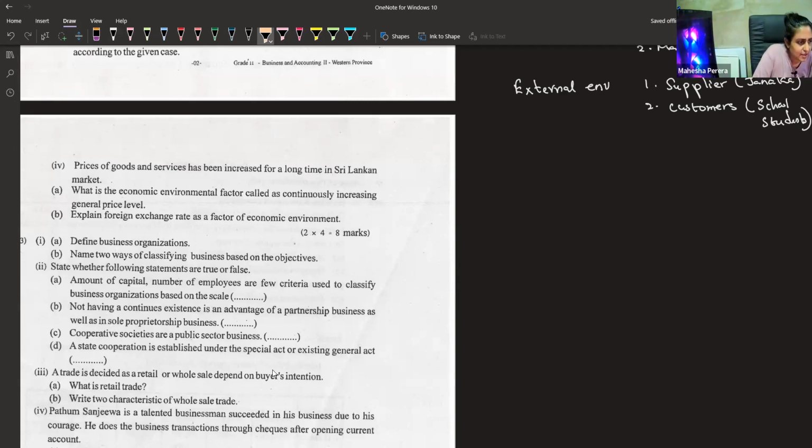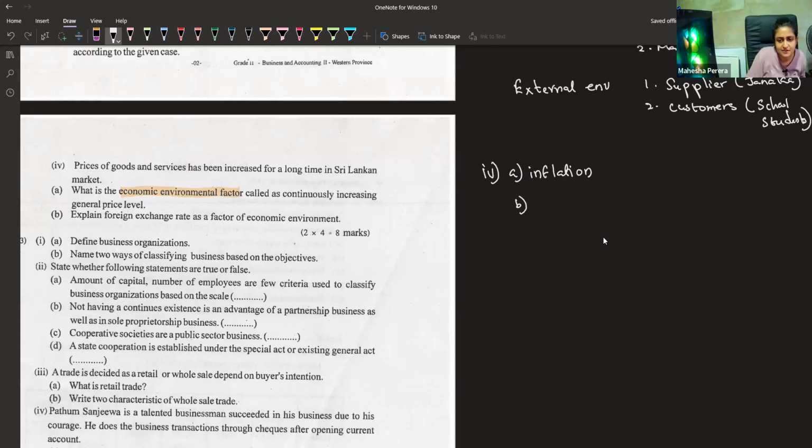What is the economic factor called as continuously increasing general price levels? Of course, you know this. This is called inflation, no? Everyone knows this. The answer for Roman figure 4 is inflation.